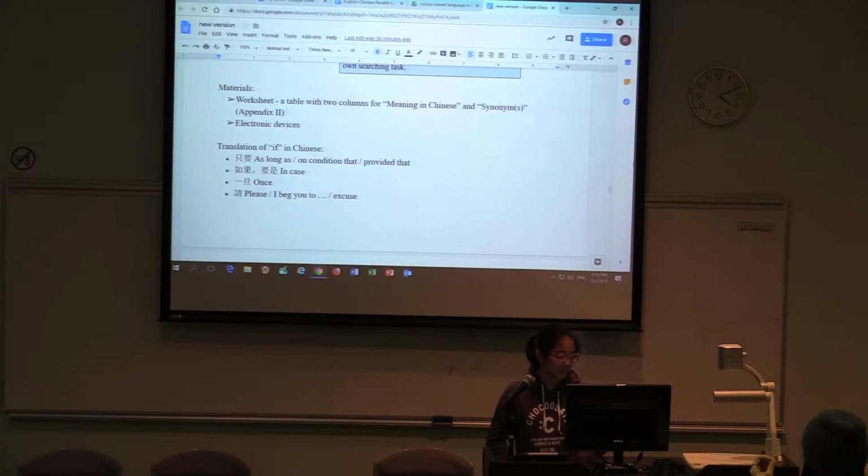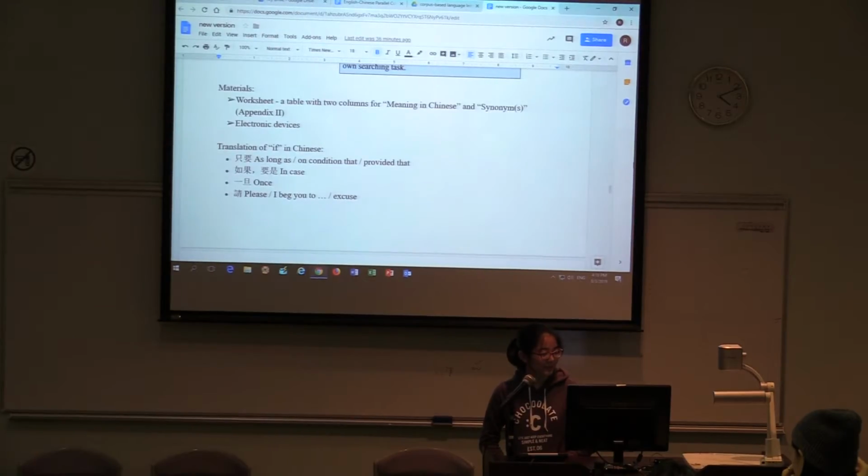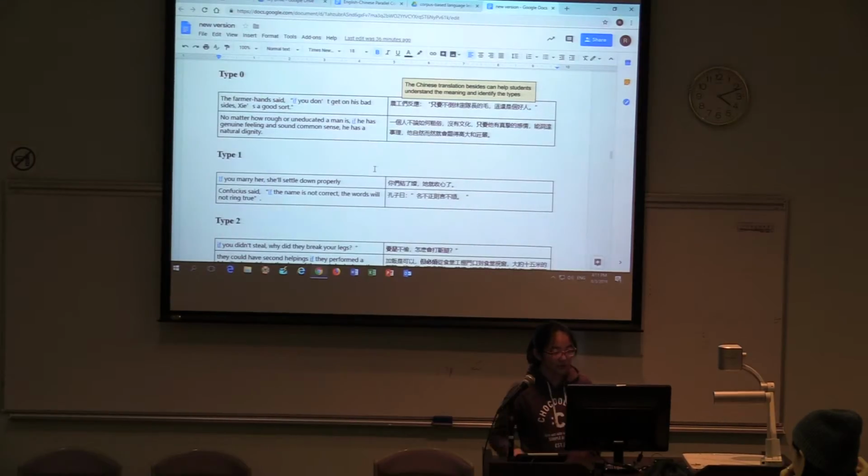Right. Here our focus is we hope students to identify the logical relationship between sentences. Because based on those findings, these sentences can actually be changed into another way, using those synonyms to express the same meaning.